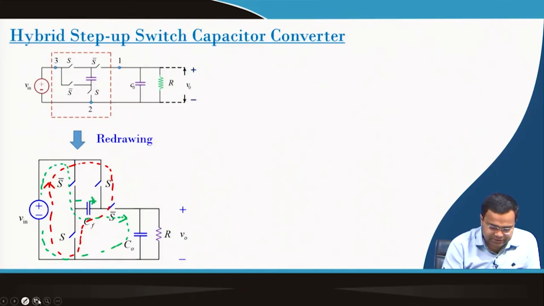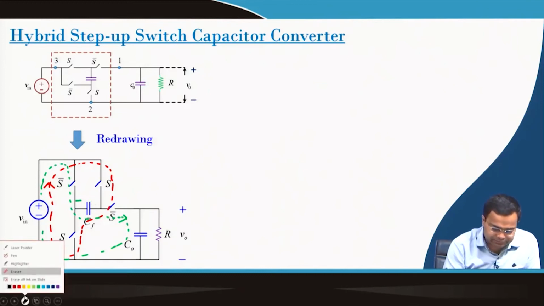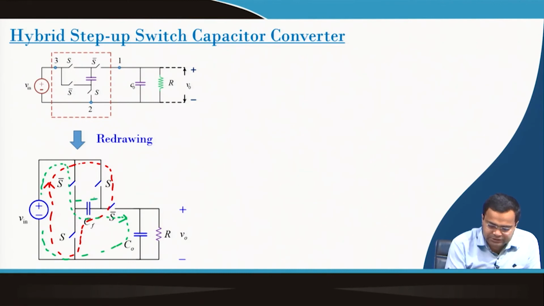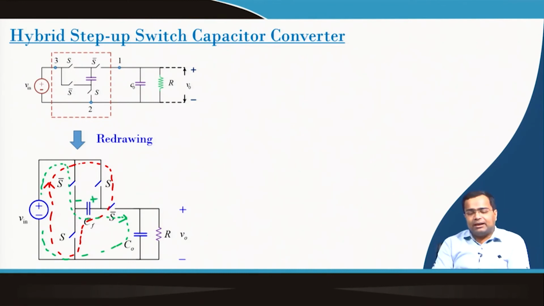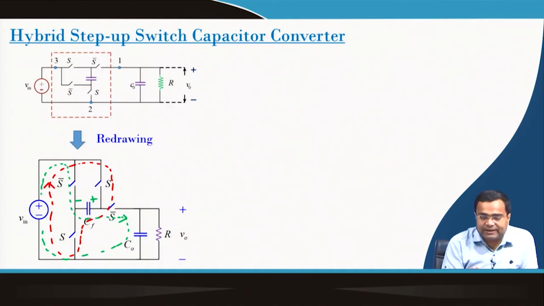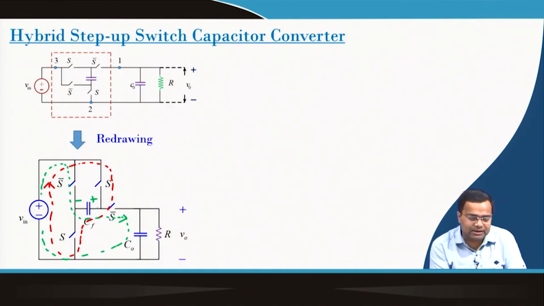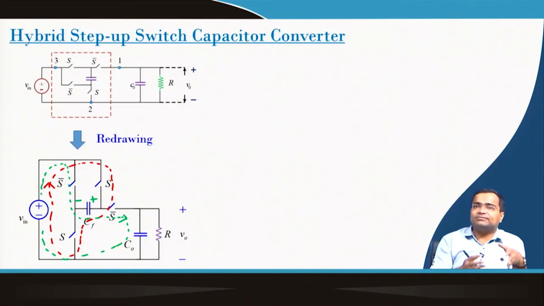In the discharge phase, the positive and negative terminals again come in series with the input voltage. That means Vin plus the flying cap voltage, added together, is equal to the output voltage. So, the output voltage can achieve twice Vin.